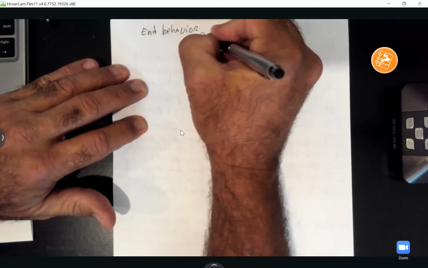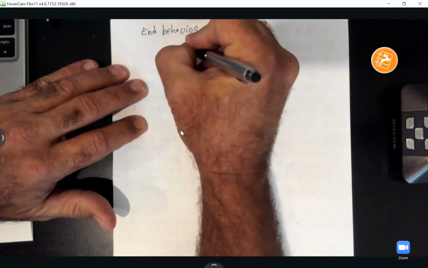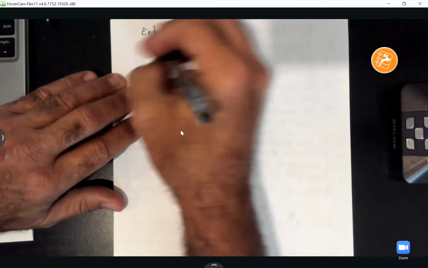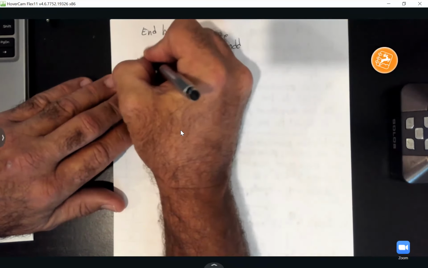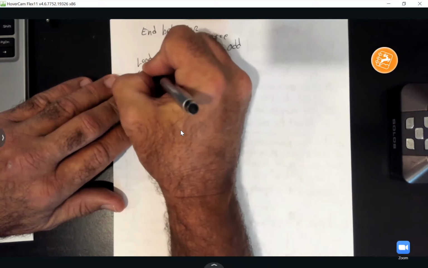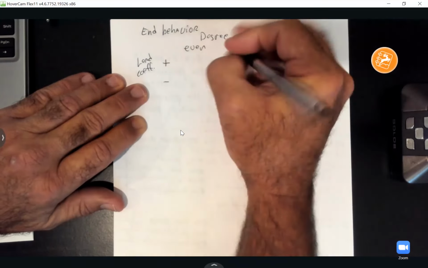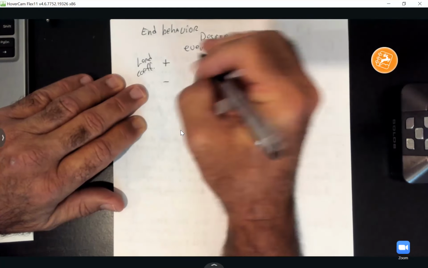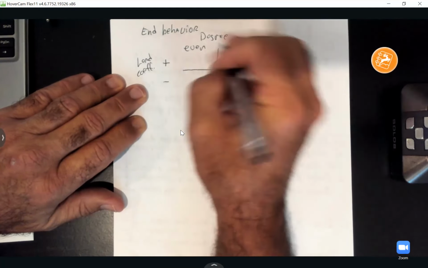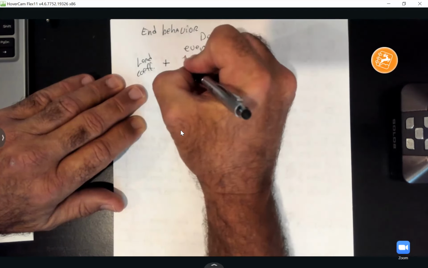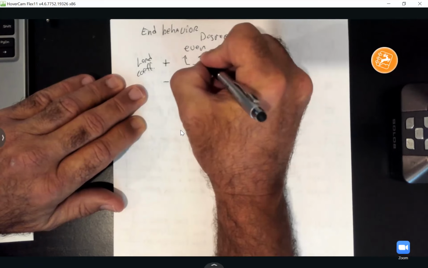So remember, we looked at the degree. The degree was even or odd. We compared that with the lead coefficient. The lead coefficient could be positive or negative. So that gave us 4 choices here. Positive lead coefficient, even degree, both ends went uphill.